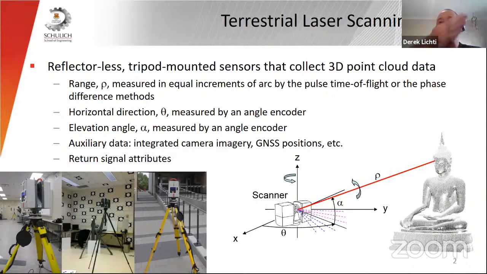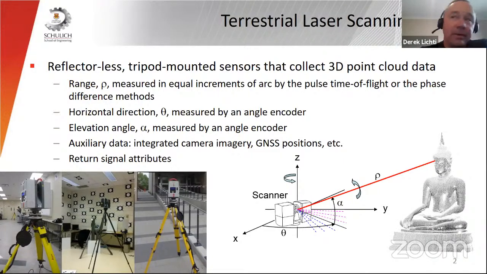A series of these profiles are then collected as the instrument rotates around its vertical axis. There may be a number of other ancillary pieces of information collected by integrated sensors on board the scanner, but that's the basis of it, and that's how we will go forward.